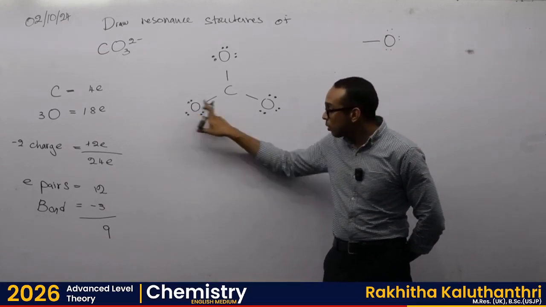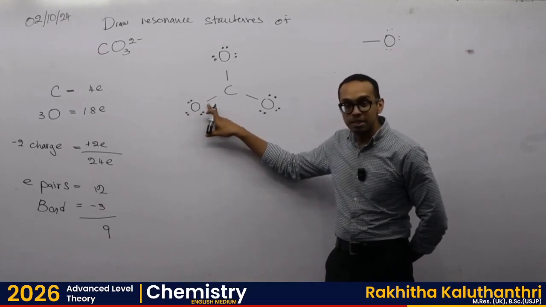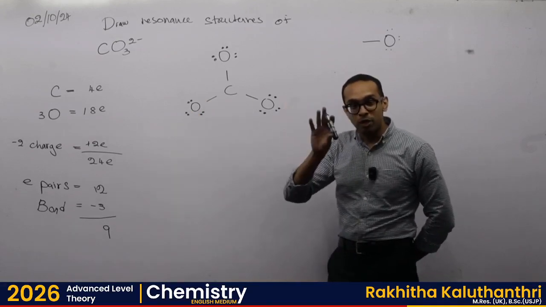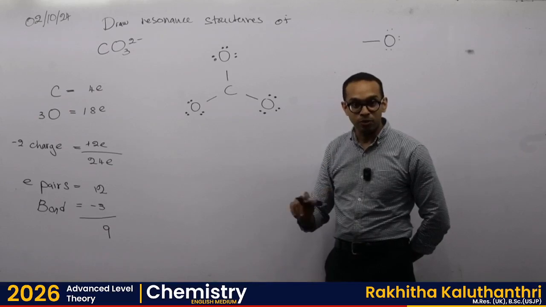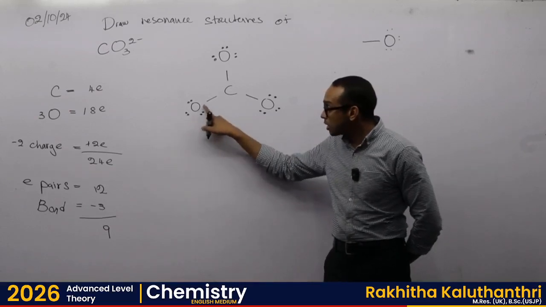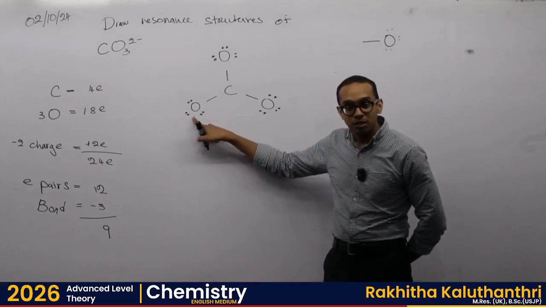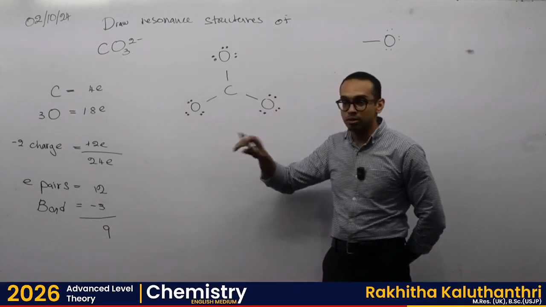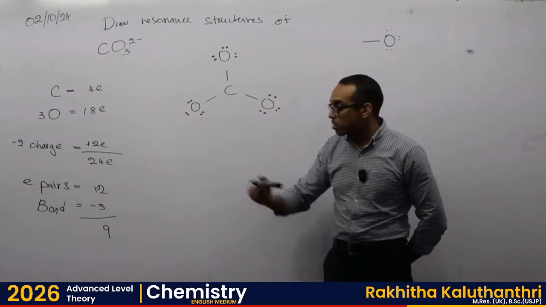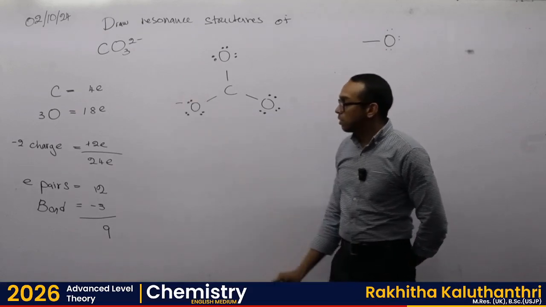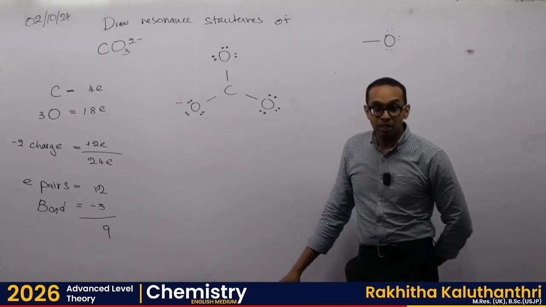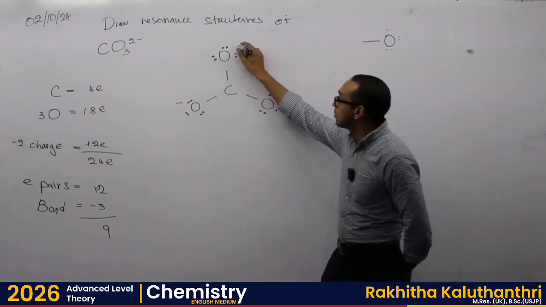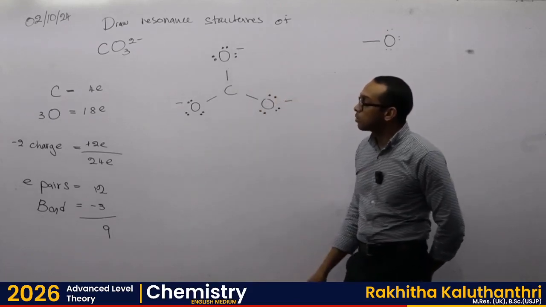Why? 6 electrons and 1 electron from this bond, 7 electrons of oxygen. Oxygen should have only 6 valence electrons. But according to this structure, oxygen has 7 valence electrons. So therefore, this should be 1 minus. That means oxygen has gained an additional electron. So each of these oxygens is the same. It has gained 1 additional electron.